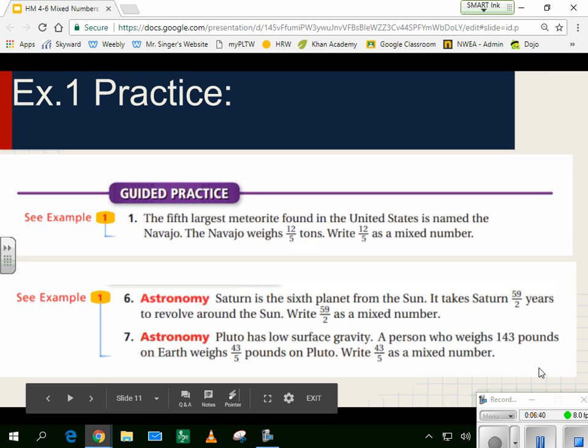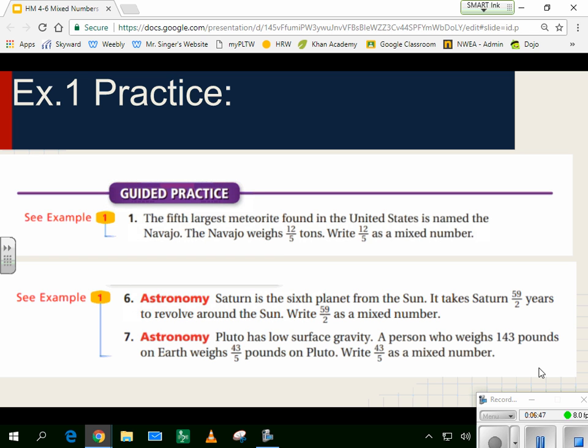Okay. Now, what I want you to do is try to solve these problems. So again, I'll help you with the first one. It says the 5th largest meteorite found in the U.S. is named the Navajo. The Navajo weighs 12/5 tons. To write 12/5 as a mixed number, we're just going to divide. So how many times do you think 5 goes into 12?